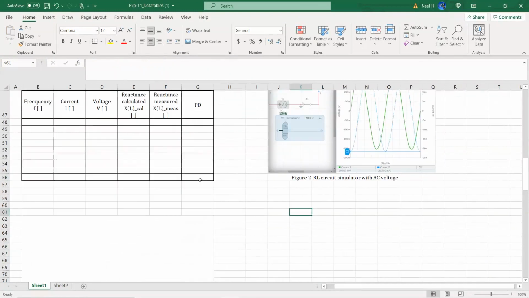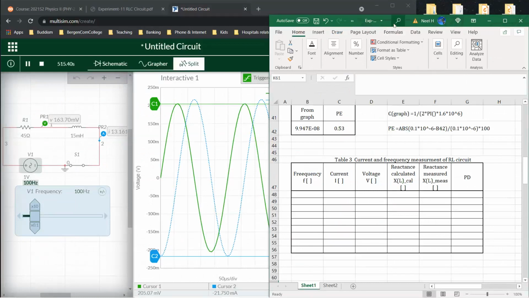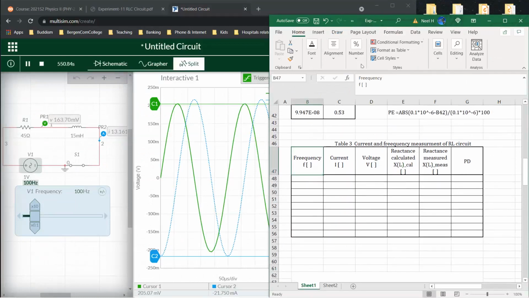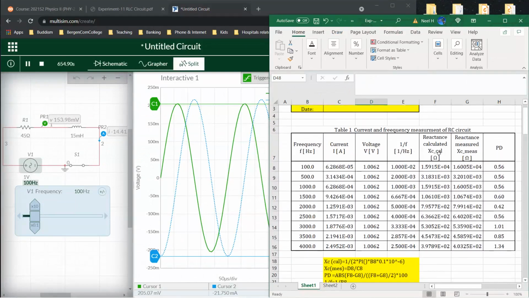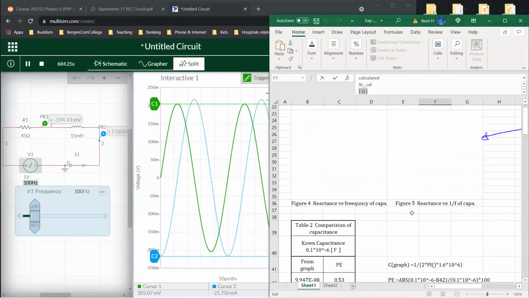All right, then we'll start measuring. Now, what we'd like to measure is the frequency we are changing, unit hertz. We would like to measure current, unit amps. We would like to measure voltage across inductor, unit volts, and the impedance, in this case reactance, in unit ohms.